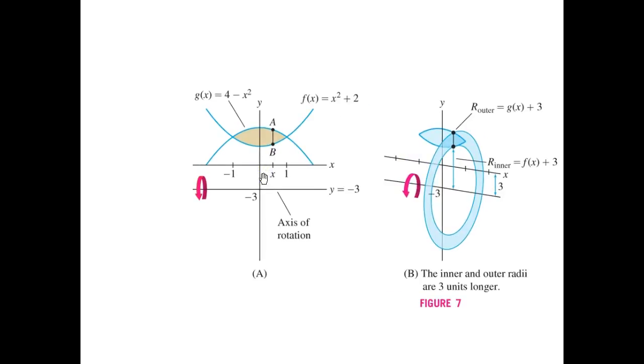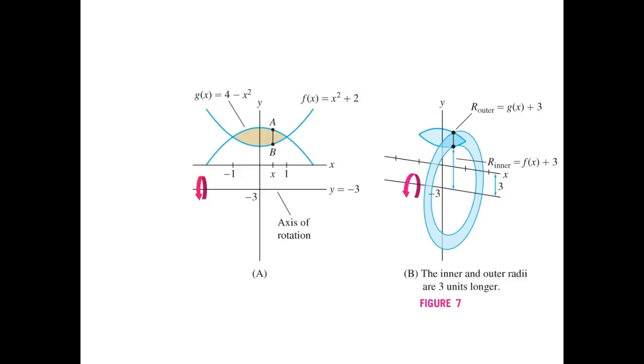All right. So what we have here, obtained by rotating the region between the graphs of f of x equal x squared plus 2, well, that's the one that's curving upward, because this a is positive, and g of x, which is 4 minus x squared, its a is negative, so it's curving down.